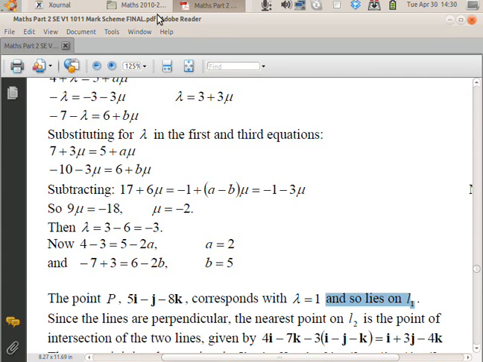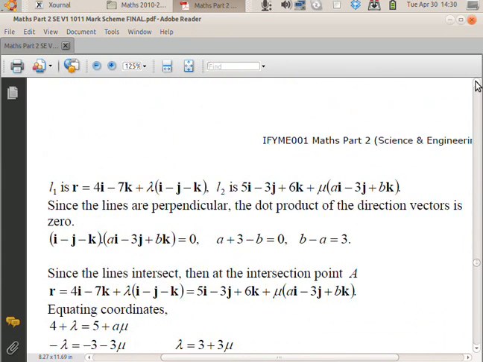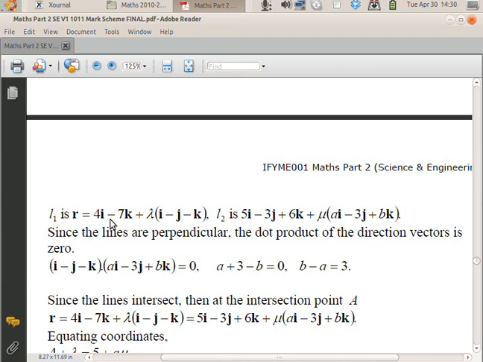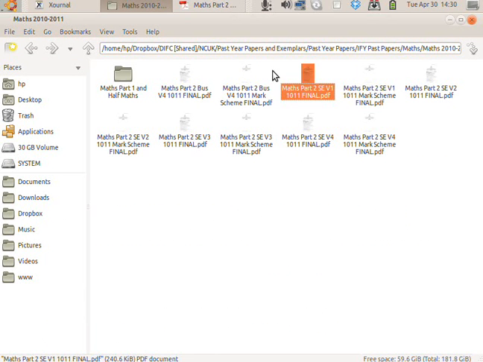If you look at the question, yes, okay, there's a typo in the exam. In the question they have I and J, but they meant I and K. That's why you said it looks like they're just the wrong way around. I'll show you now what happened in the exam.